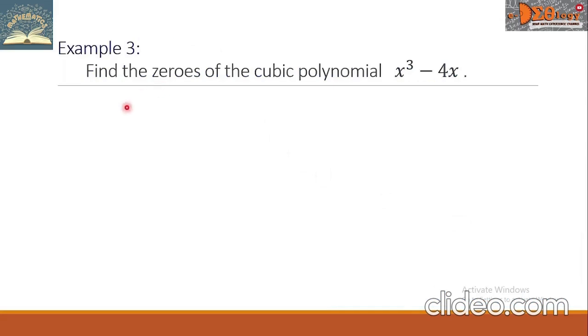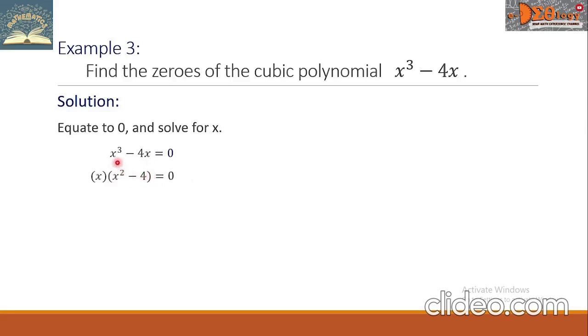Example 3. Find the zeros of the cubic polynomial x cubed minus 4x. Let us equate this polynomial to 0 and solve for x. So we have x cubed minus 4x equals 0. Let us do factoring. First, we factor out the common factor, which is x.